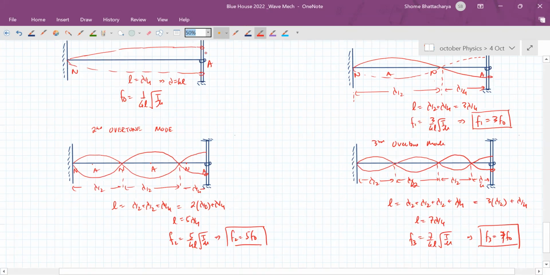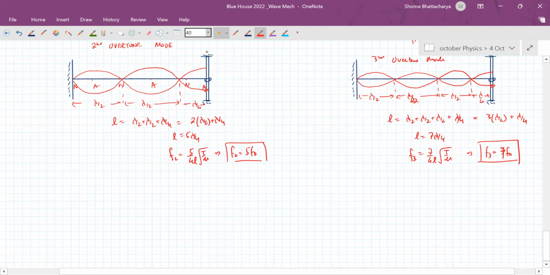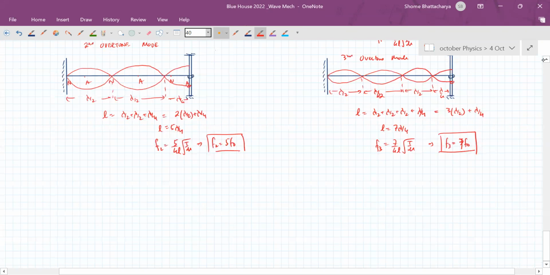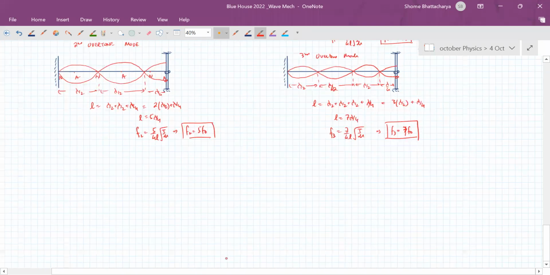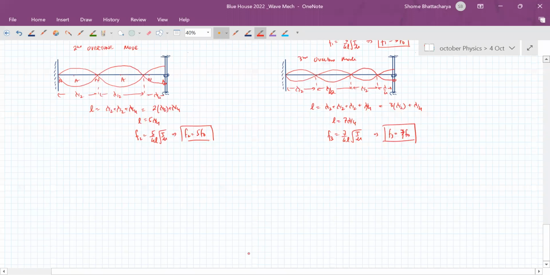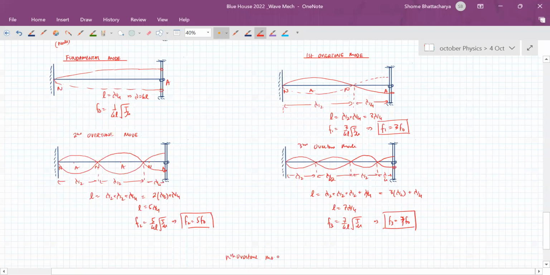So it is always increasing in odd terms. It is only having the odd terms, not the even terms in the harmonic series. So for the nth overtone mode, the length will be such that there are n loops and then a half loop, so 2n plus 1 lambda by 4. That will show us that the frequency of the nth overtone is the 2n plus 1th harmonic of the fundamental.